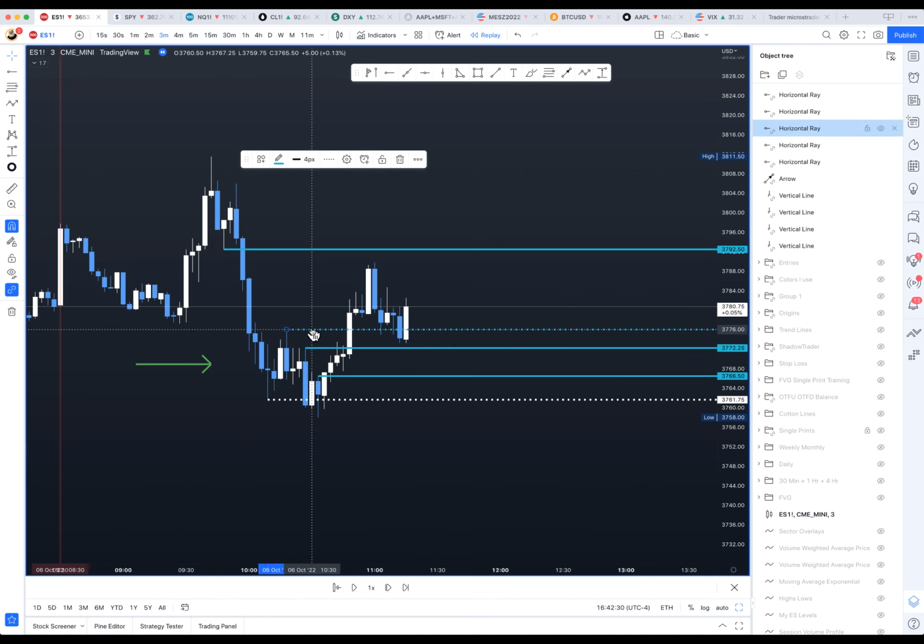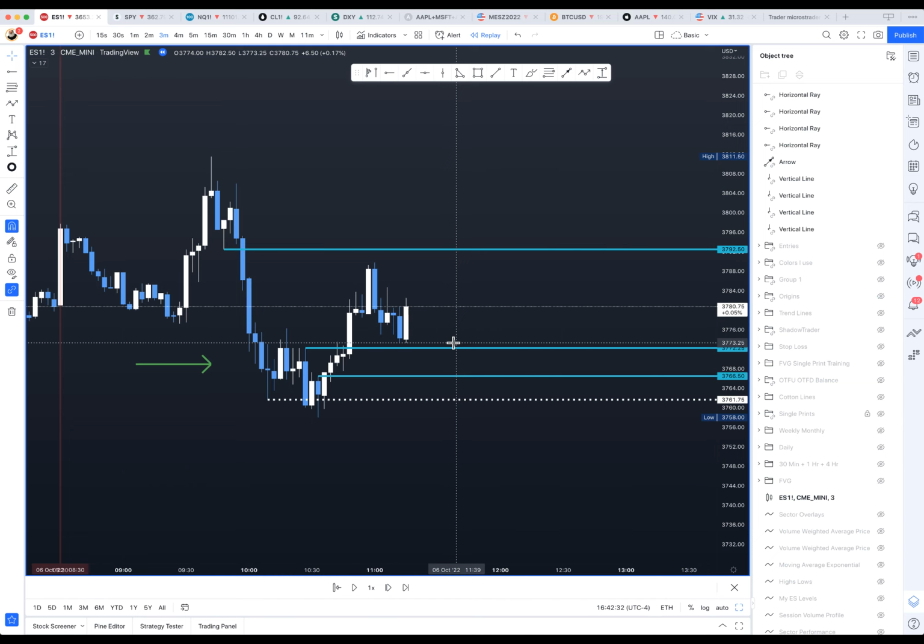So it's taking out this break. Another 1 point. Are you going to consider that tested or not? That's something you're going to have to make the decision of. 3 ticks is my hard and fast rule. 1 point is like, if I'm going to take the trade, I'm going to do it at the lowest risk possible if it comes back. Let's see what it does.